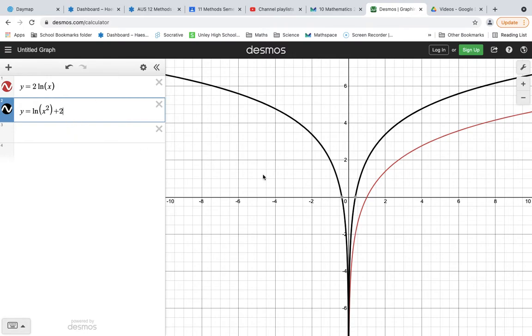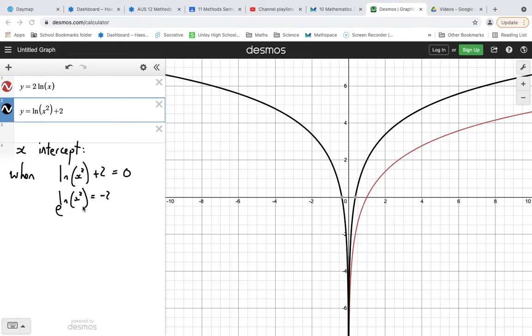So that x-intercept is happening when y equals 0. Hence, if we're trying to find the x-intercept, we would have to say, when log of x squared plus 2 equals 0. So we'd say log of x squared equals minus 2.